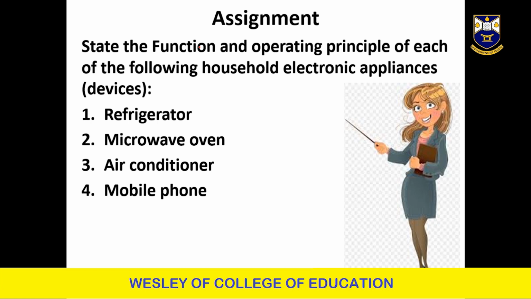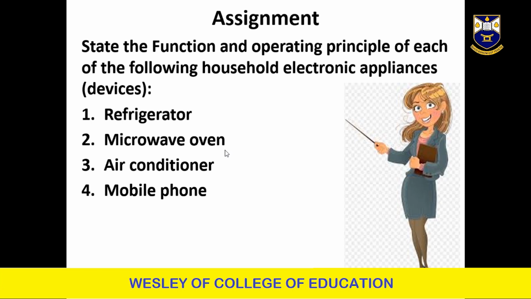Assignment number 2: state the function and operating principles of each of the following household electronic appliances. Refrigerator, microwave oven, air conditioner, mobile phone. You have to state the operating principles of each of these electronic appliances.